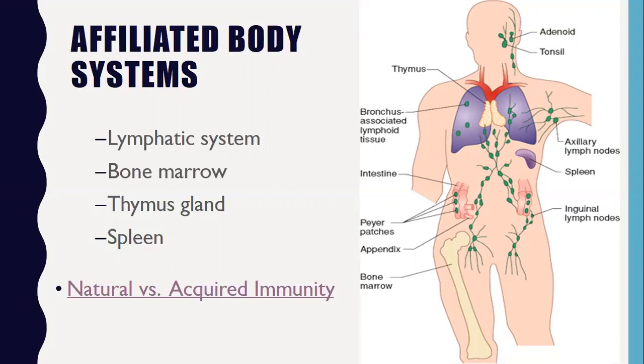Weeks or months after exposure to the disease or a vaccine, the body produces an immune response that is sufficient to defend against the disease on re-exposure. So that's what acquired immunity is. Natural is what your body's already going to do. And acquired means that you've had some exposure, and so your body recognizes it the next time and does a better job of taking care of it.